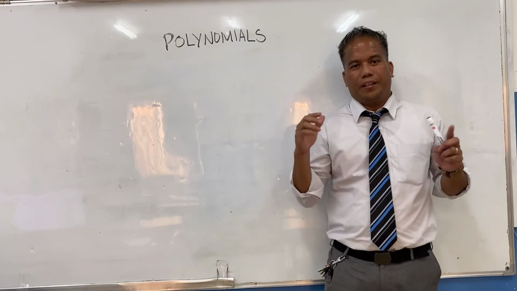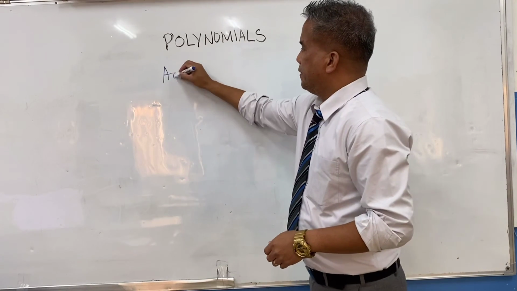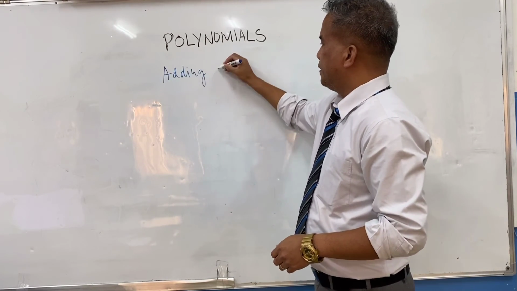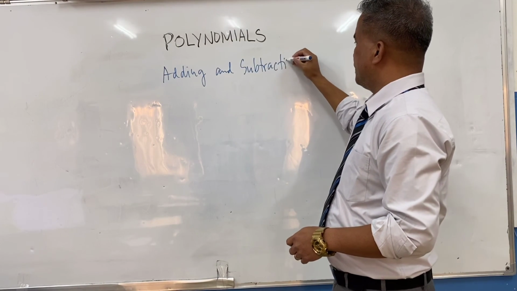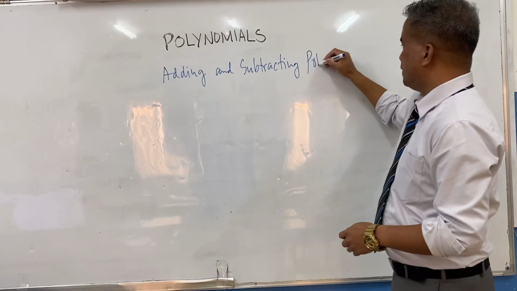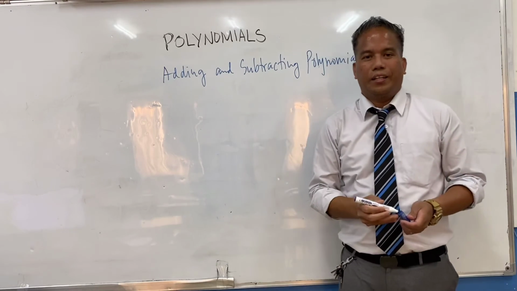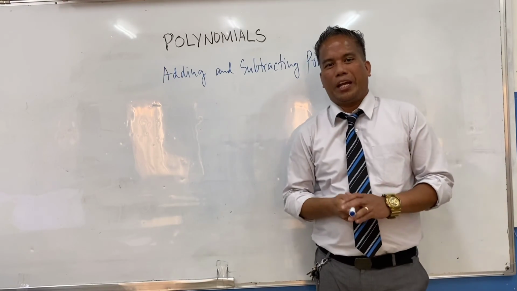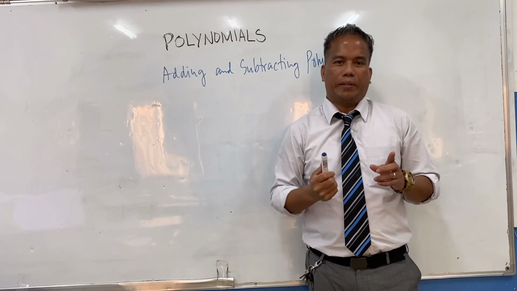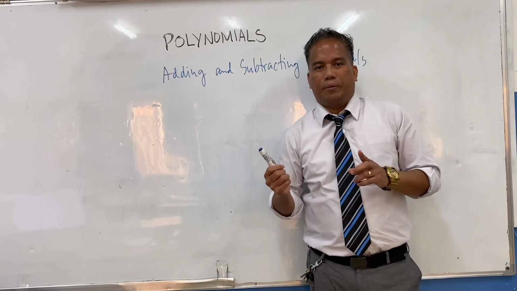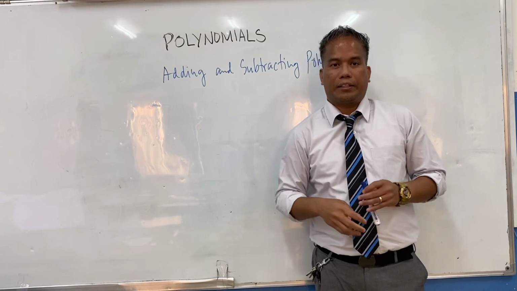Next is adding and subtracting polynomials. To add and subtract polynomials, they have the same method. We can only add and subtract polynomials if they have common terms, or what we call like terms.